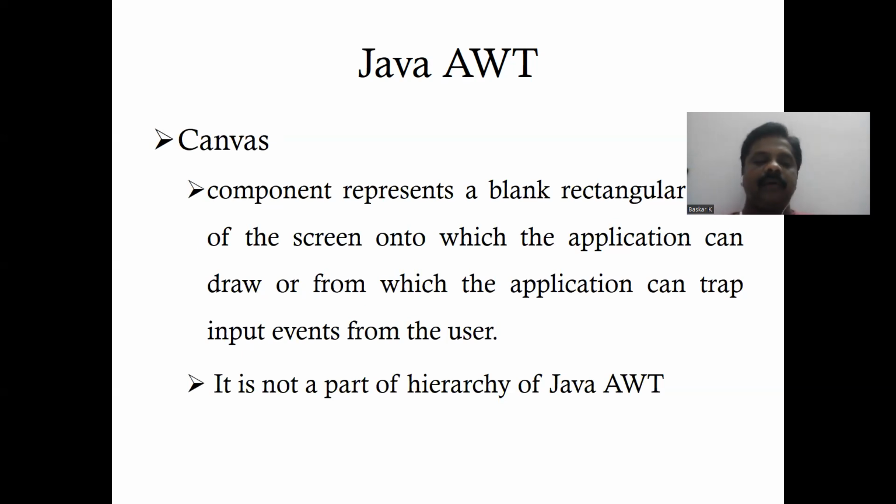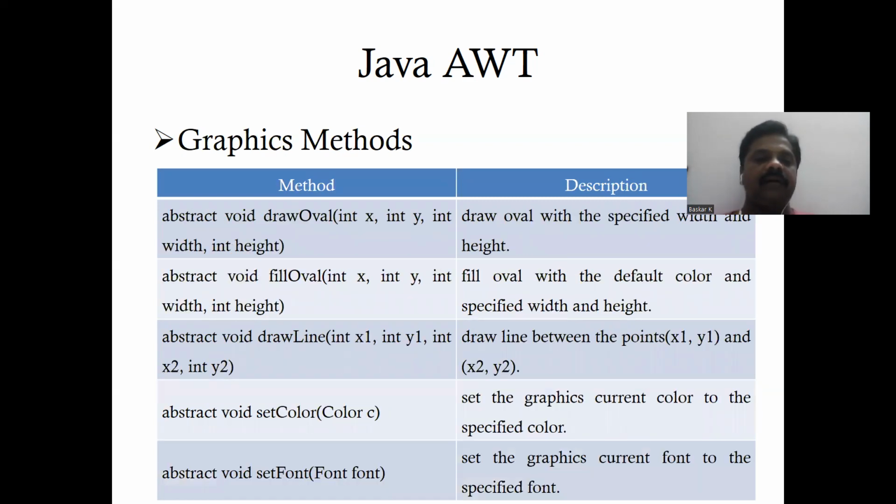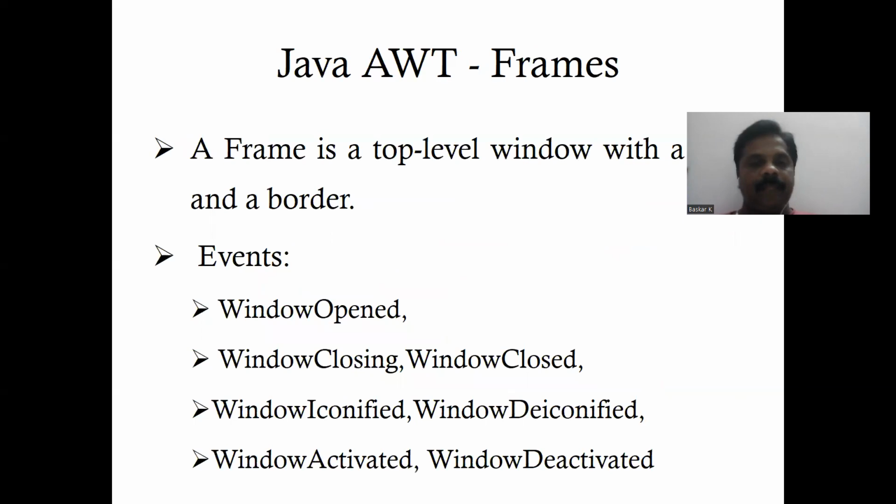It is not a part of the hierarchy of Java AWT. Next, graphics methods. We have some methods like void drawRect, void draw3DRect, abstract void drawRoundRect, abstract void fillRect. These are some of the methods we have in Java AWT.